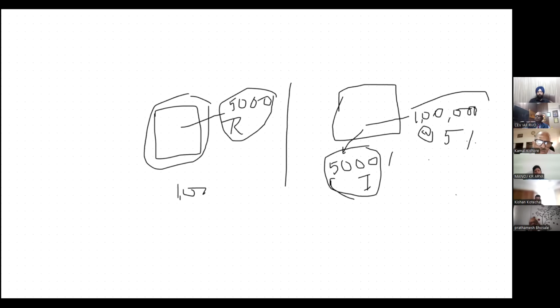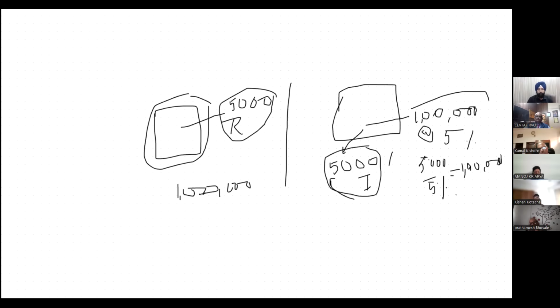Simple formula. You divide 5,000 by 5%, and it will give you 1 lakh.